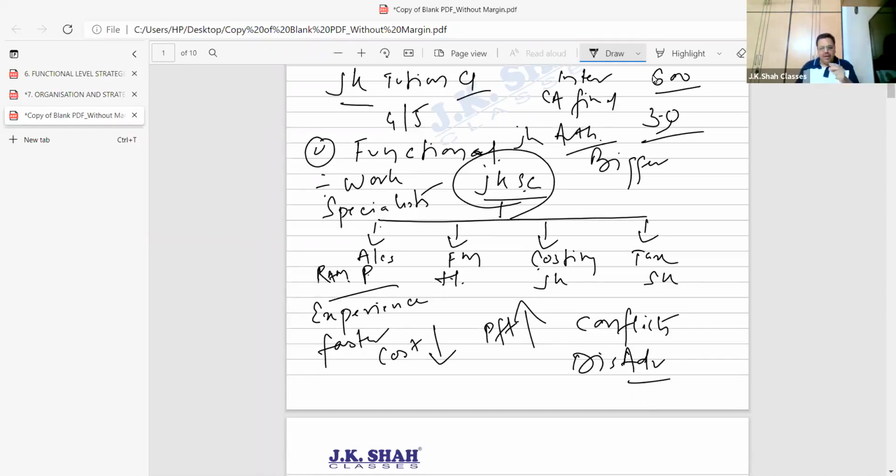And he has given the responsibility to these 4 teachers to look after that department. You know what would happen now? If one particular professor does his work properly, let us say Ram Prabhu takes lectures very well, students perform well, many students get 100 out of 100 marks in accounts.